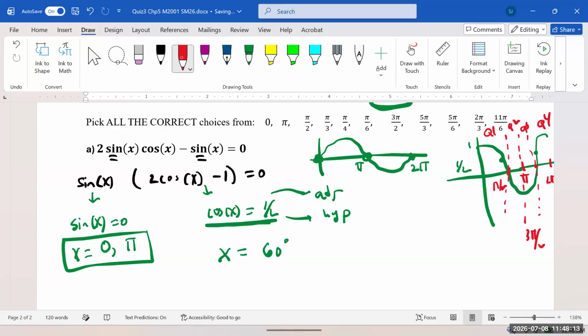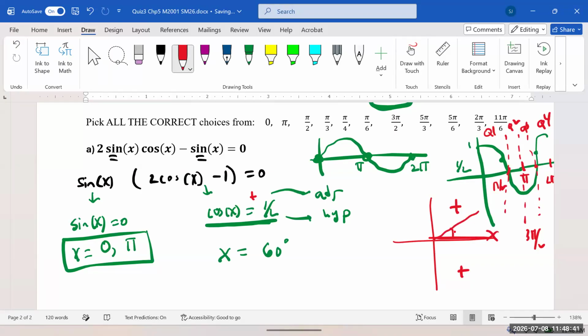So from the graph, we can see one of the answers is in the fourth quadrant. Or even if you have no idea about the graph, no problem. If you look at your unit circle, cosine is positive here and positive here, and this is positive 1/2. Cos means x, so this is a positive x. So we have two answers: one in the first quadrant, one in the fourth quadrant.